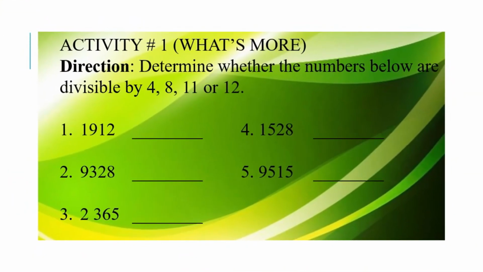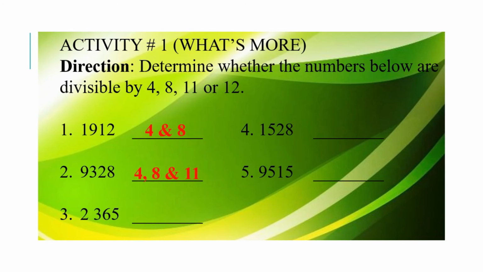Let us check your activity. Number 1, 1,912. Very good. 1,912 is divisible by 4 and 8. Number 2, 9,328. Very good. It is divisible by 4, 8, and 11.